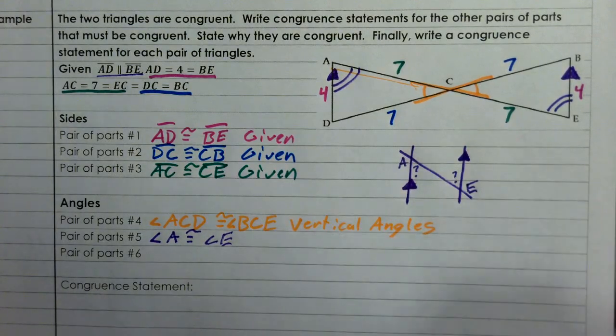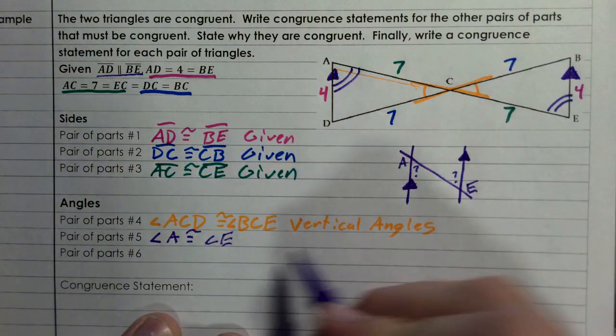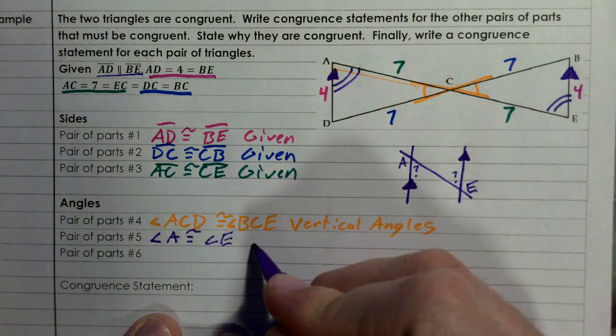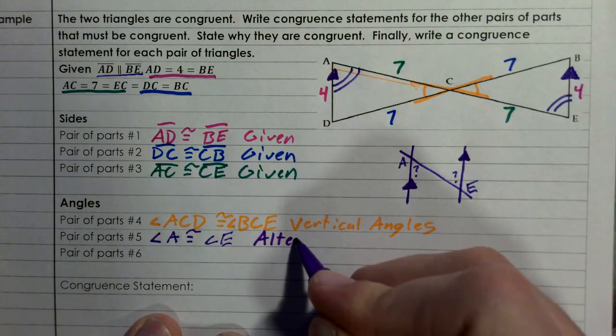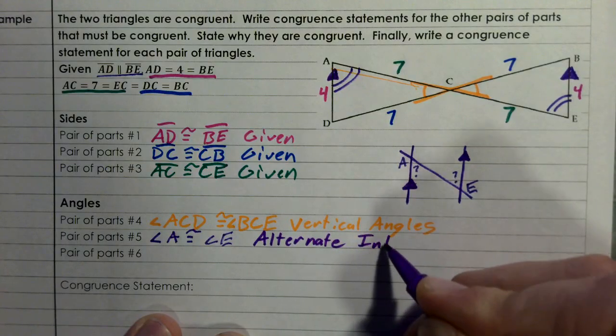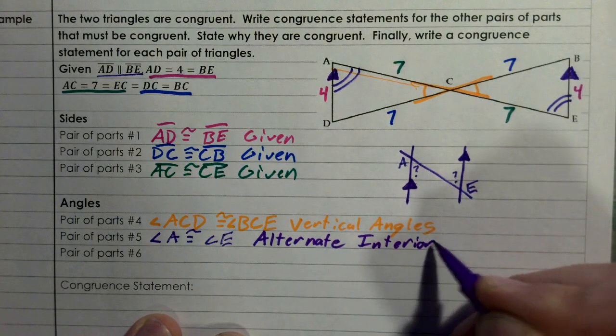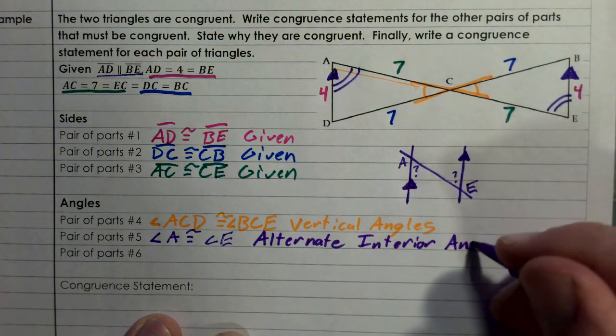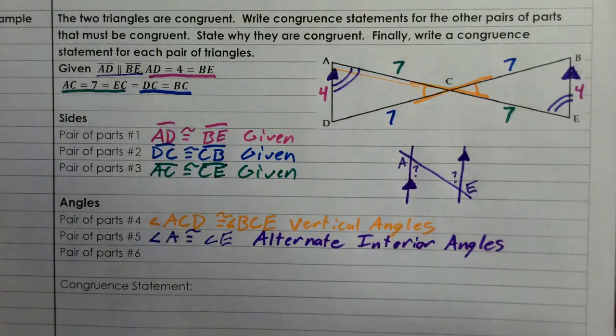It doesn't matter. But because of this, I can say that they are congruent by the alternate interior angles theorem. Alternate interior angles are congruent.